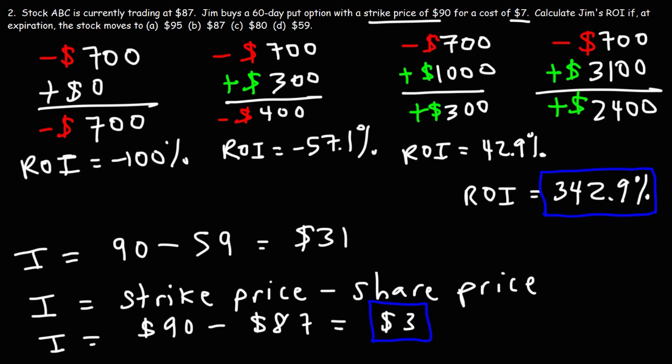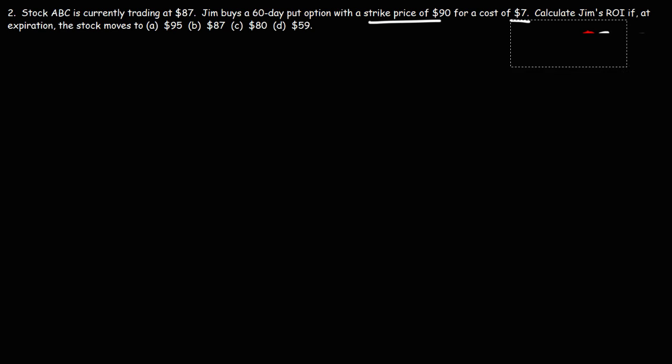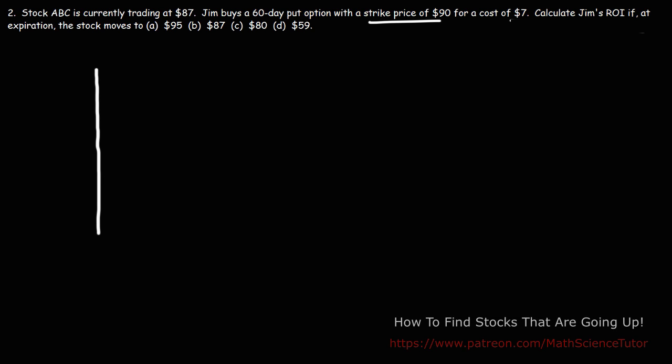Now let's talk about how we can draw the profit loss diagram for the long put option strategy with reference to this problem. So first we need to draw the y-axis and the x-axis of the graph.